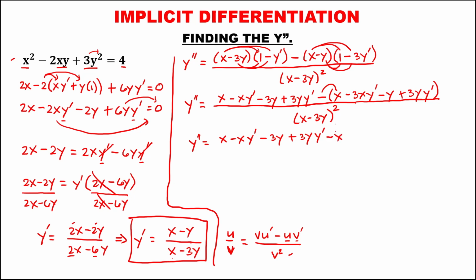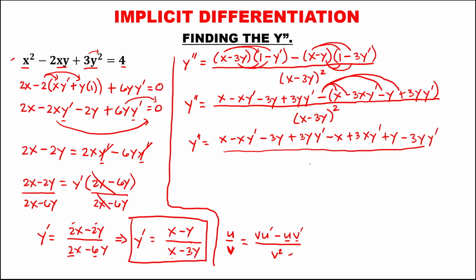So this becomes negative x, then positive 3xy prime, then positive y, and this becomes negative 3y y prime, then all over x minus 3y quantity to the power 2.